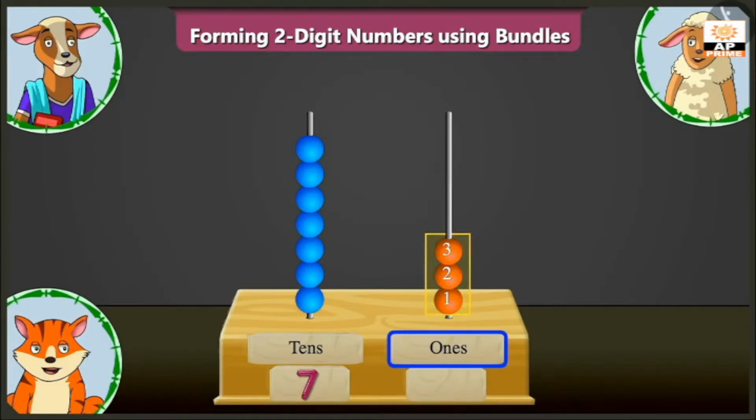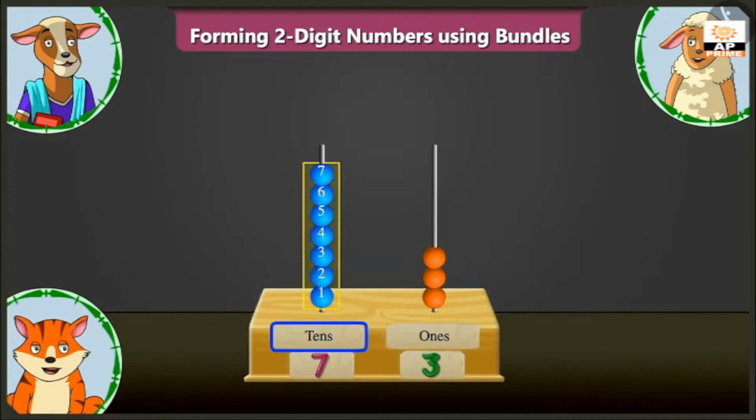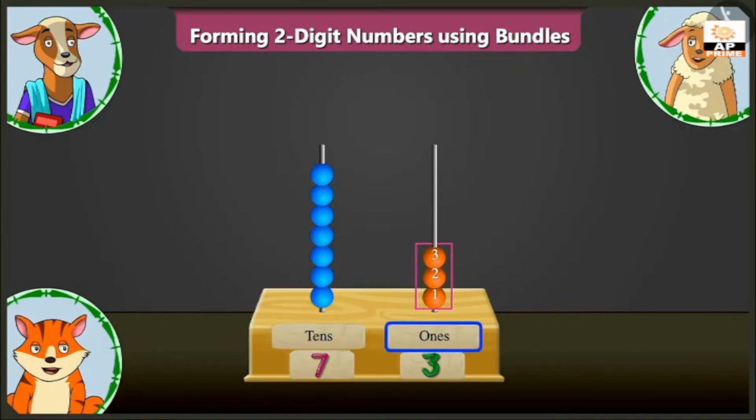So, in the ones box, we have to write 3. Well done. Now here, in the tens box, 7 tens means 70 and in the ones box, 3 ones means 3. So, adding 70 and 3 makes the number 73.